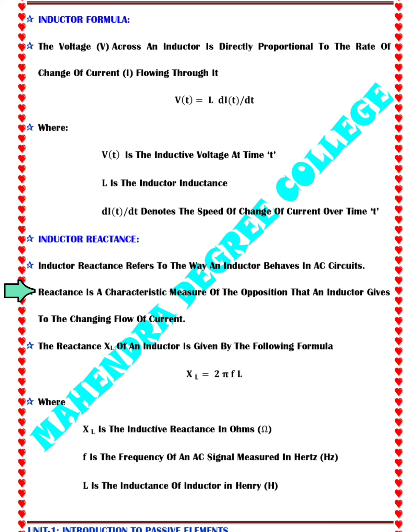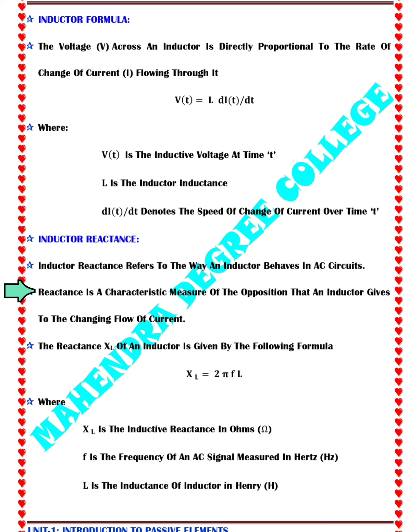An inductor opposes the flow of current when that current is changing. This opposition is not due to friction like resistance, but due to the inductor's magnetic field resisting changes in current.